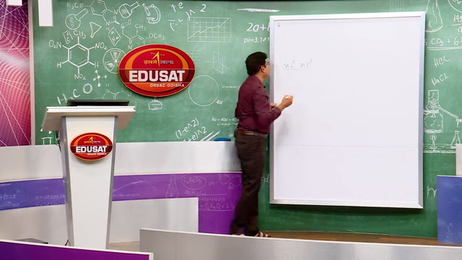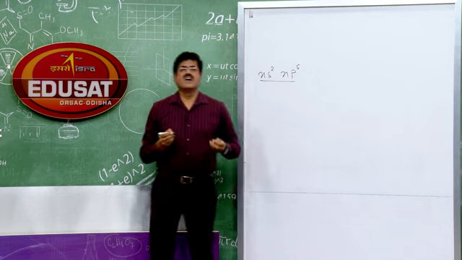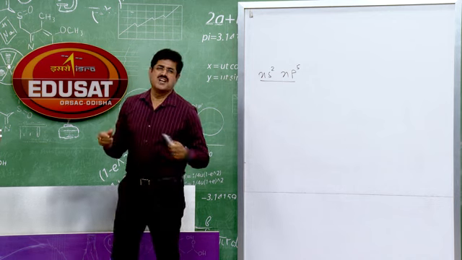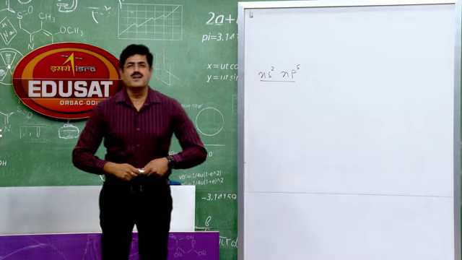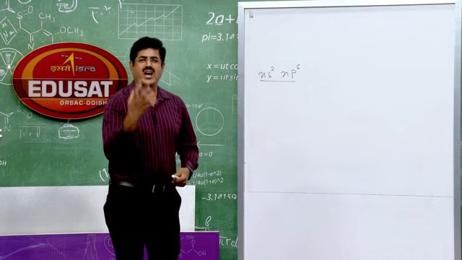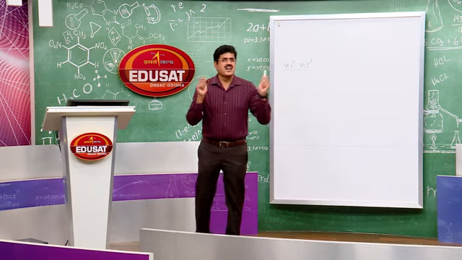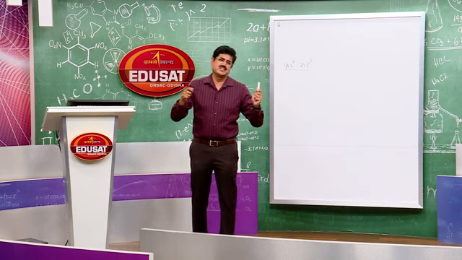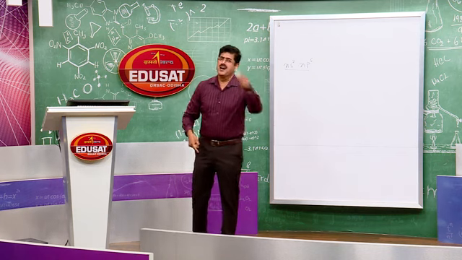Let's have a look here. ns2 np5, 7 electrons. So they have the tendency to accept 1 electron to form the stable electronic configuration, that is 8 electrons in the outer shell. This electronic configuration affects the physical properties of halogens.